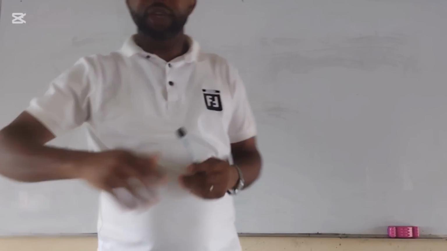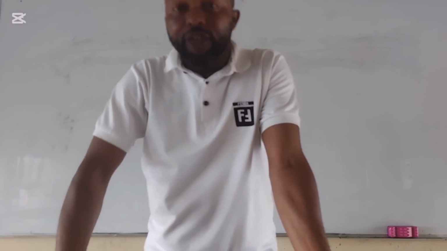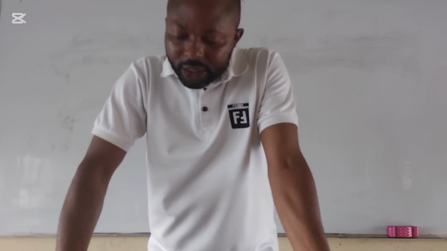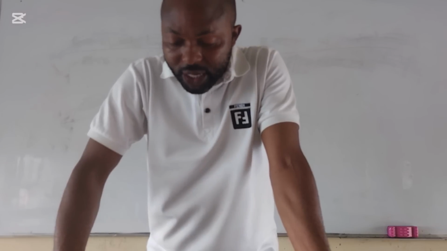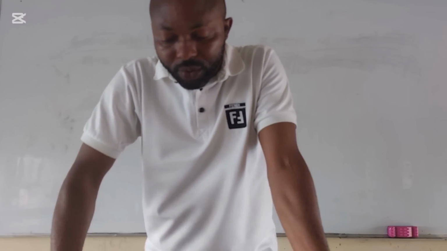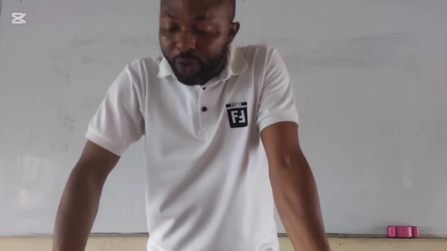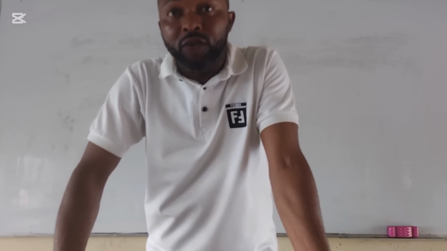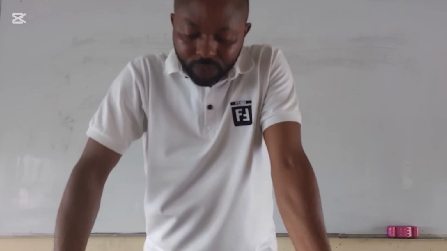So the first question, let me read it out. In a titration exercise, 25 cm3 of sodium trioxocarbonate(IV) XH2O hydrate containing 6.0 gram in 500 cm3 was neutralized by 13.10 cm3 of 0.164 mole per dm3 of hydrochloric acid using methyl orange as indicator.